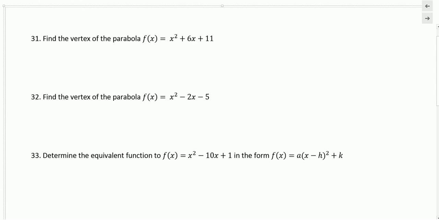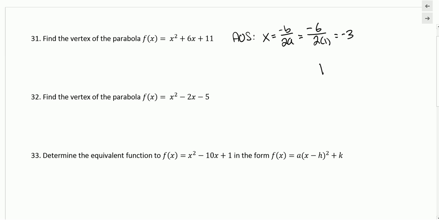Number 31, to find the vertex of the parabola. We first find the axis of symmetry by plugging in to the formula negative b over 2a. And I get negative 3. Negative 3 is your x value of your vertex.